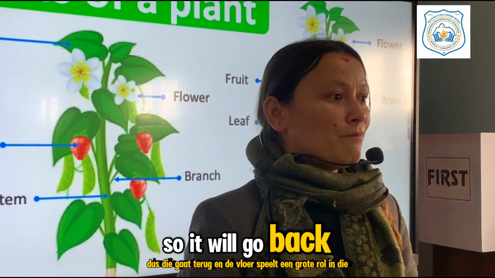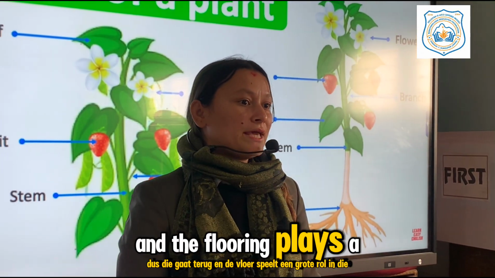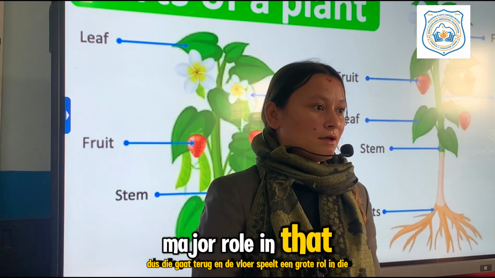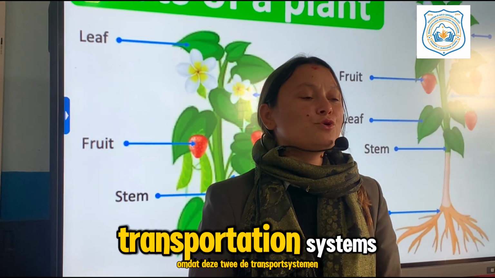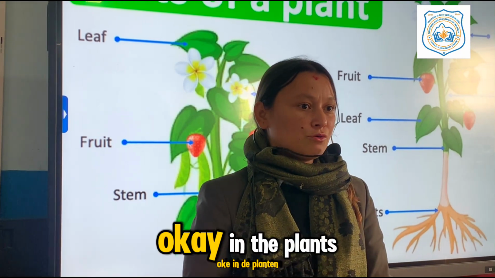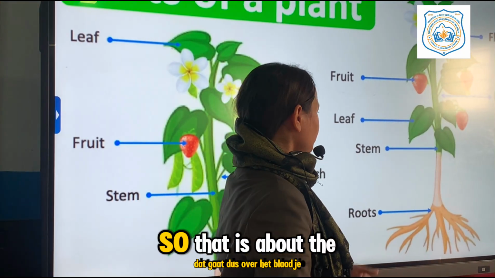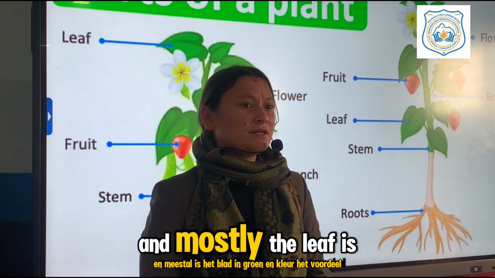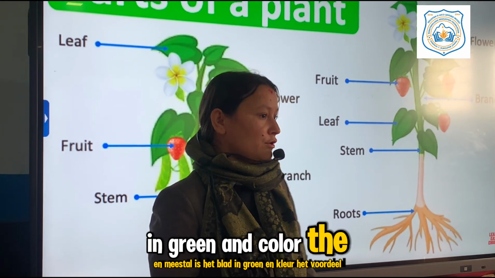Okay, so it will go back, and the phloem plays a major role in that, because these two are the transportation systems which help in the transportation of the food in the plants. So that is about the leaf, and mostly the leaf is green in color because of the chlorophyll.